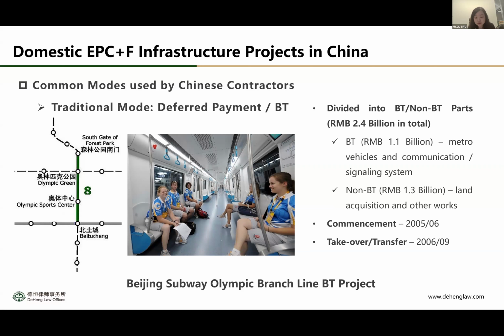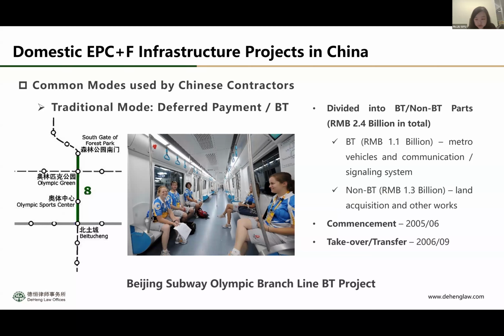There's a famous project, the Beijing Subway Olympic Branch Line BT project. This project, as you can see, is divided into a BT part and a non-BT part. The BT part, the total investment of which is about 1.1 billion, includes the metro vehicles and communication and signaling system, while the non-BT part, with a total investment of about 1.3 billion, is about land acquisition and other works.